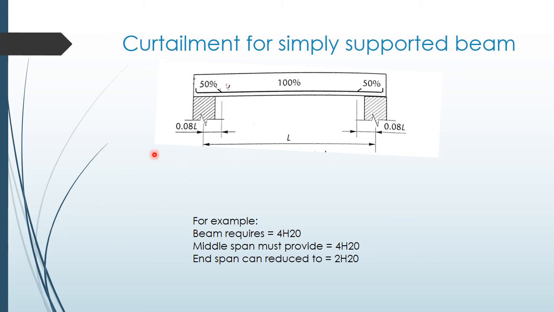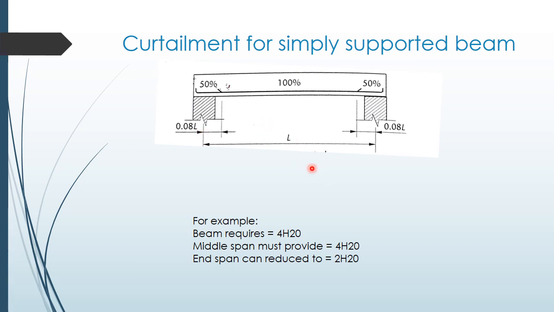This is the simple practice for economical design for a simply supported beam. 100% of the tension reinforcement is provided at the midspan of the beam, and 50% is curtailed at a distance 0.08 L from the center of the support.